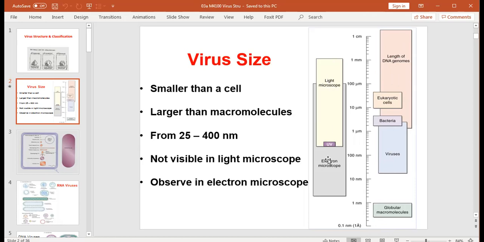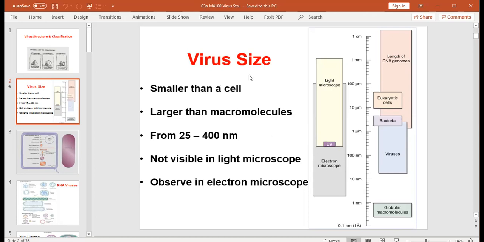And on the left-hand side of this figure, you will see the range in which objects can be visualized by either light microscope, which is in the range of 1 millimeter to almost 100 nanometer, and below that, objects can be visualized by electron microscope. And as we can see, most viruses will fall into the category of being visualized by electron microscope.